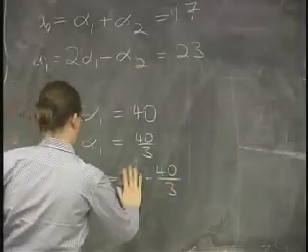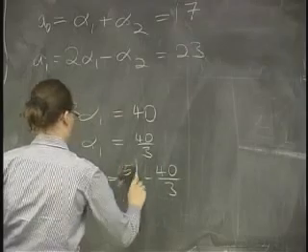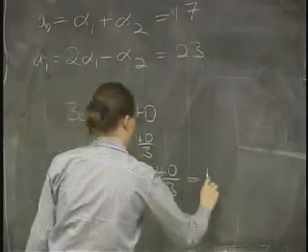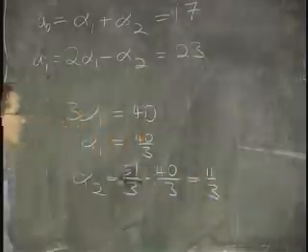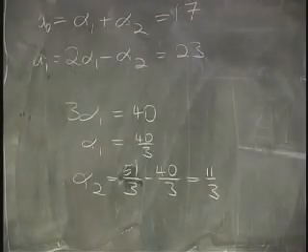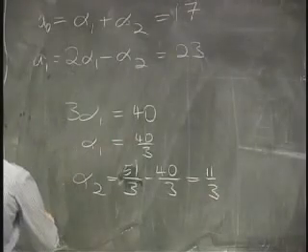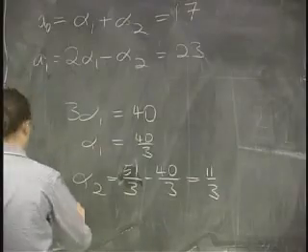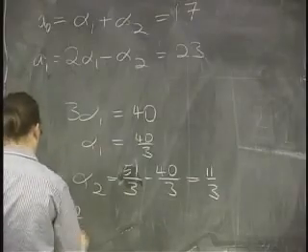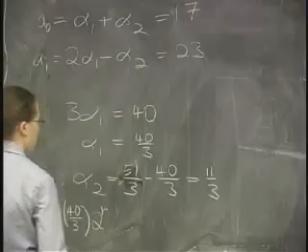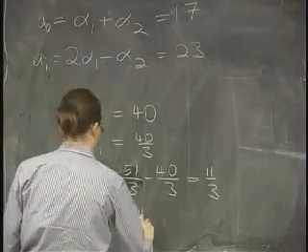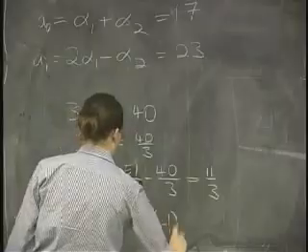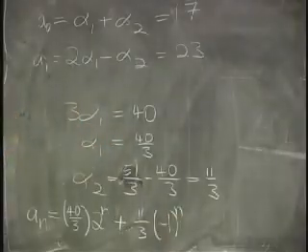This is 51 thirds minus 40 thirds, so I get 11 thirds. So my final answer is an equals 40 thirds times 2 to the n plus 11 thirds times minus 1 to the n.